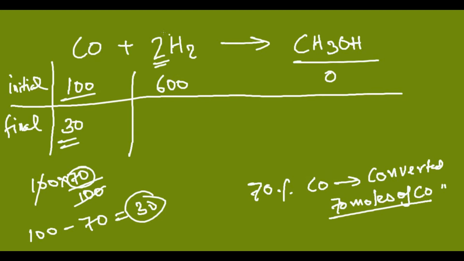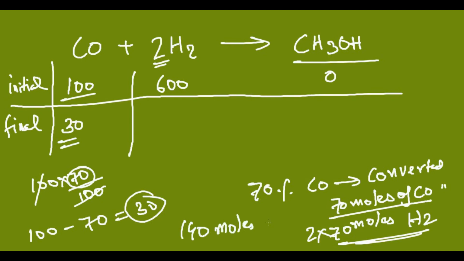Of course twice, because the stoichiometric number is 2. So 2 into 70 moles of hydrogen, that means 140 moles of hydrogen has reacted.